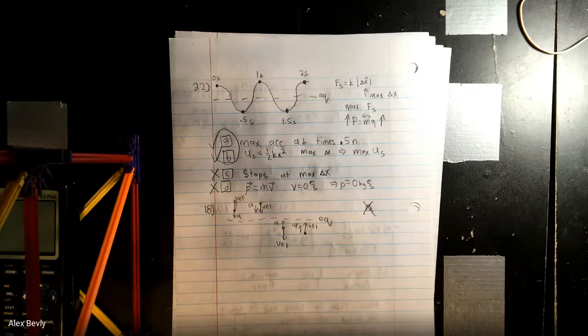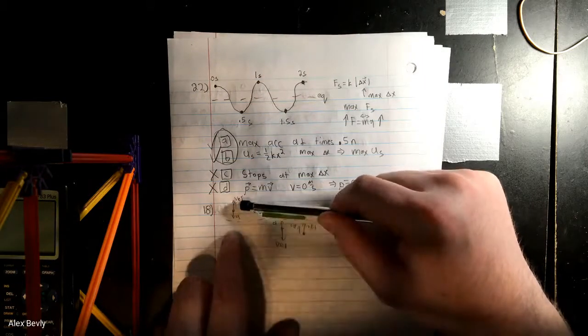So looking at B: the system oscillates because the block's acceleration is directly proportional. Let's not care about that for now. Let's just look at whether the block's acceleration is opposite in direction to the block's displacement. If my displacement is up, which way is my acceleration?